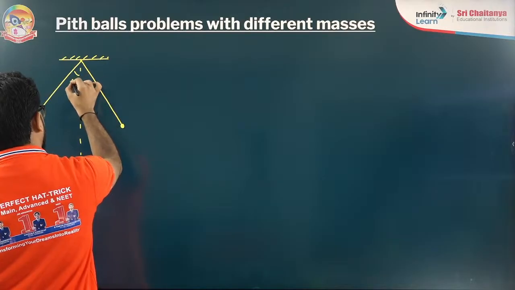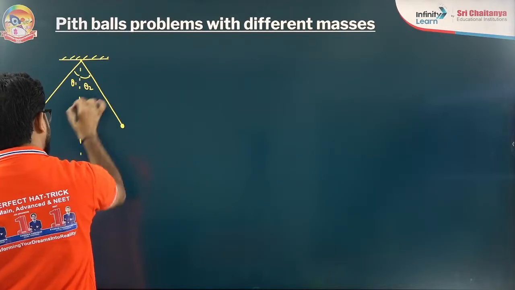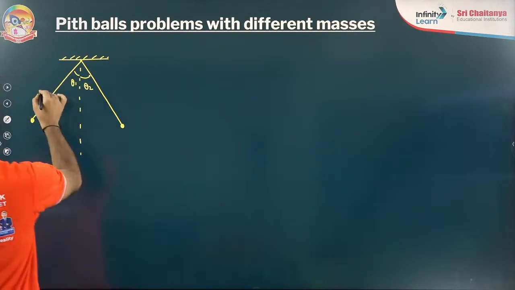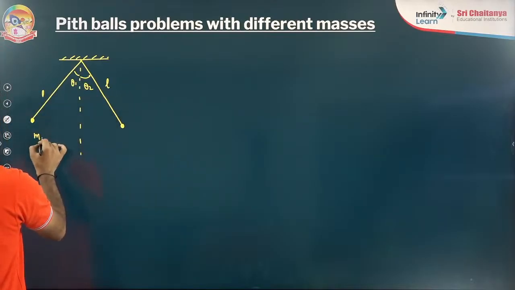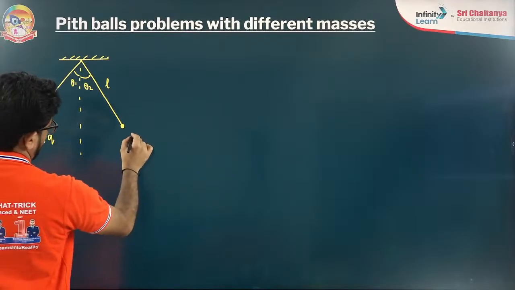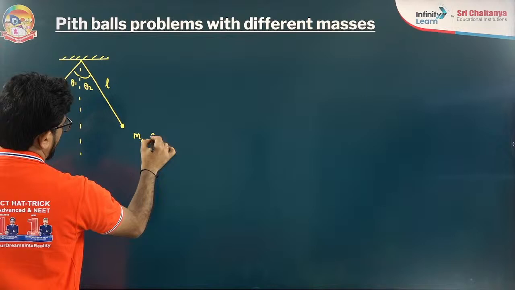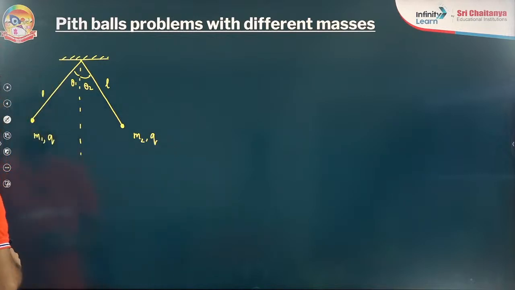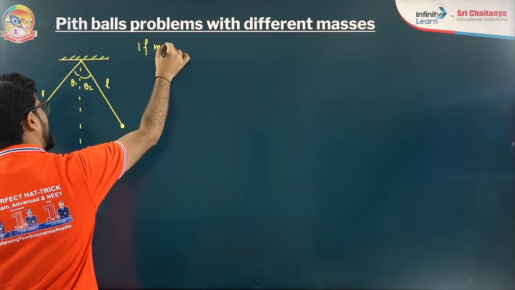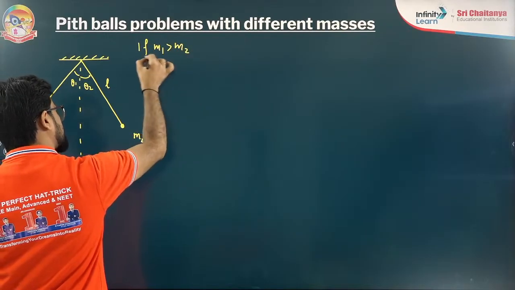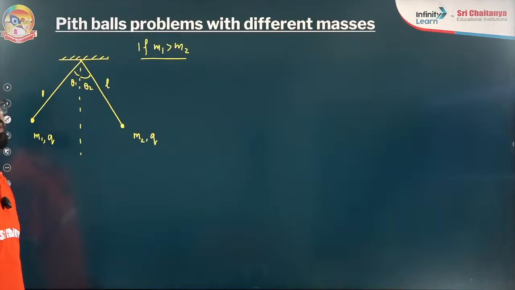This angle is theta 1, this angle is theta 2. The lengths are equal, L, L. This mass is M1, this charge is Q. I am taking equal charge for simplicity. This is M2, this charge is Q. And I am also giving that M1 is greater than M2.